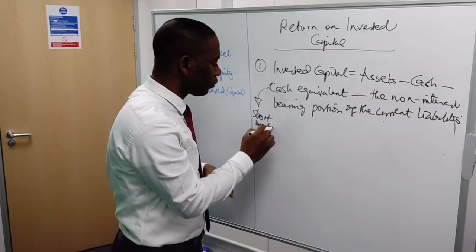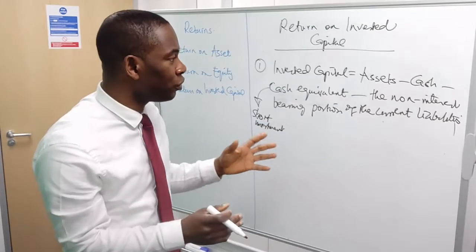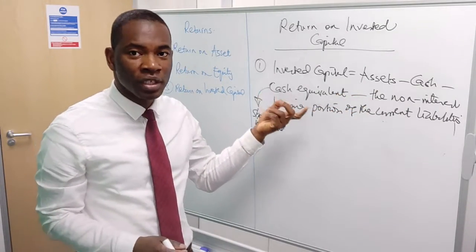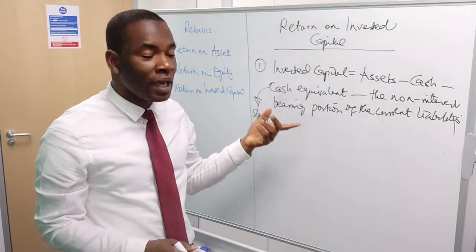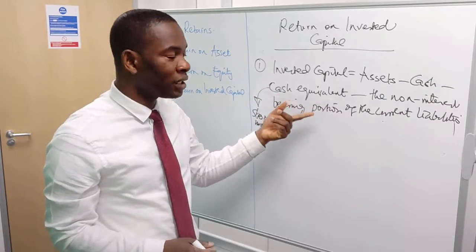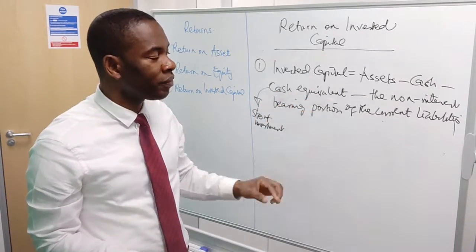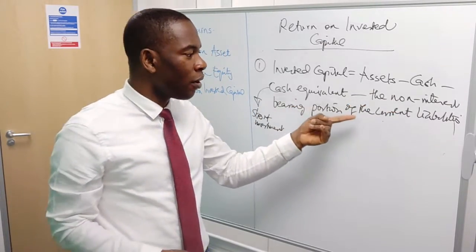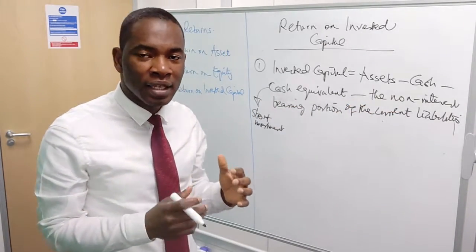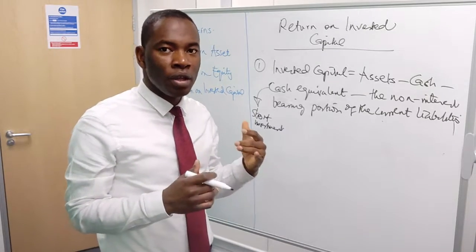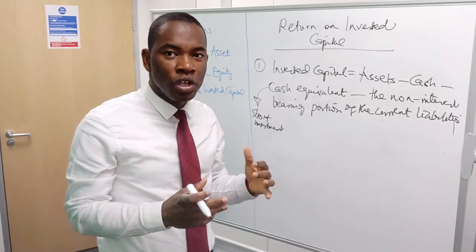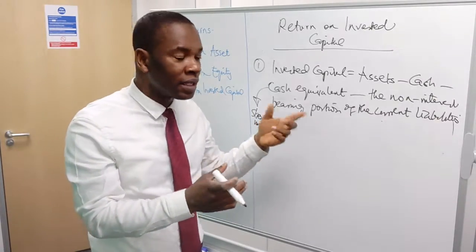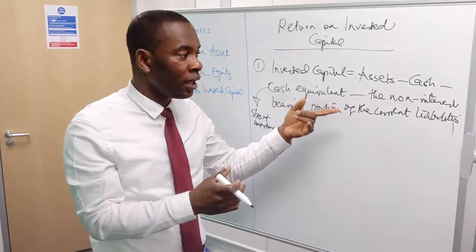So what some companies do is, rather than just have cash in the bank, they put it in very short-term investment that can be turned to liquid cash at a very short notice.